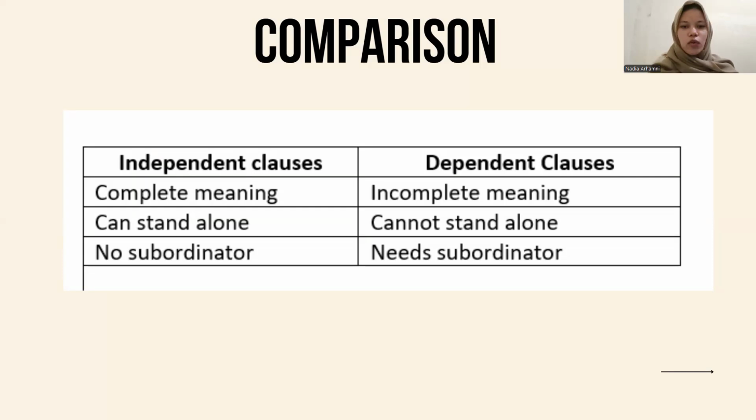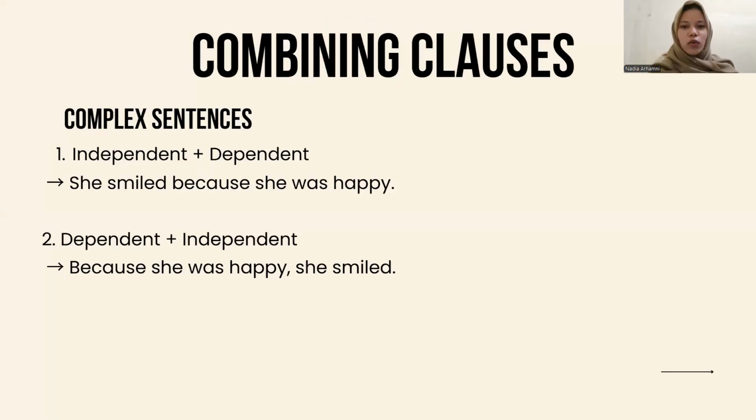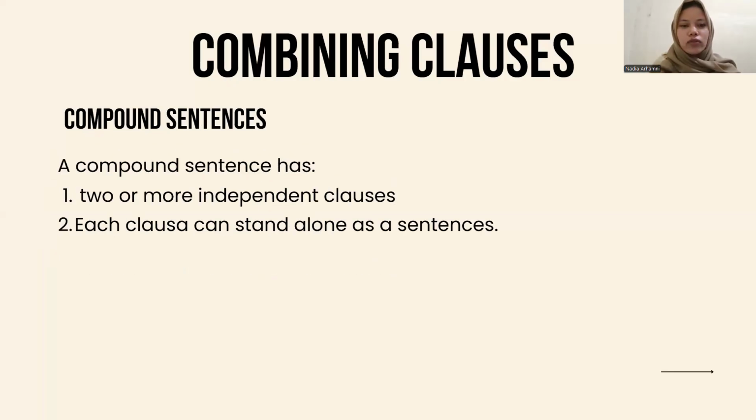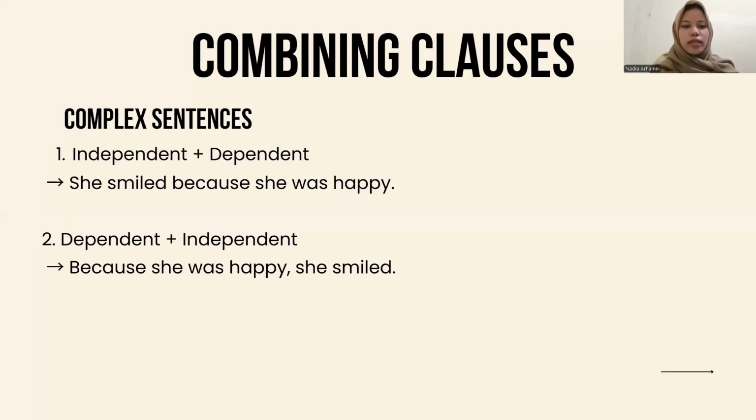Okay. Next, combined clause. Combined clauses have two types. The first one is complex sentence and then compound sentence. A complex sentence is independent plus dependent, or dependent plus independent.